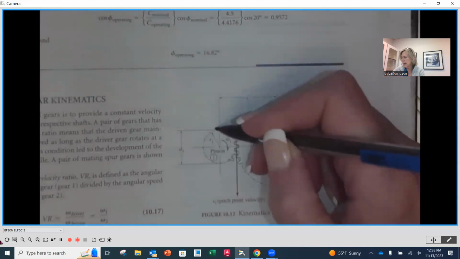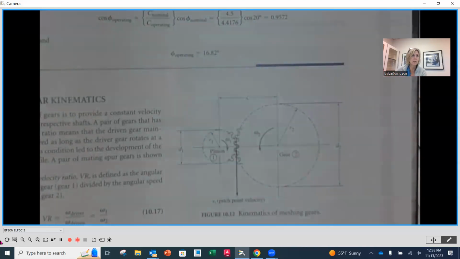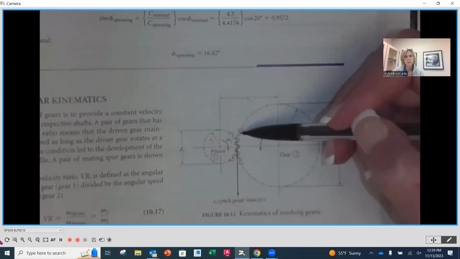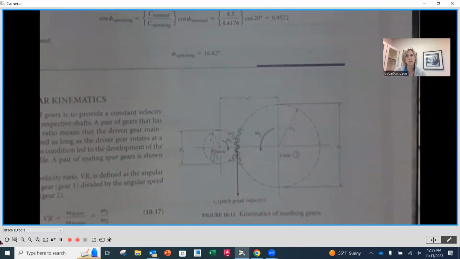And you'll notice that they have the lowercase d, which is pitch diameter. That's the diameter of that effective circle, which also represents the point of contact it's going to have with the teeth on the other side. So when these two come together, those pitch diameters are going to be tangent to one another.